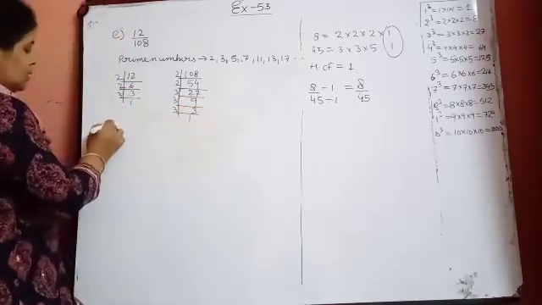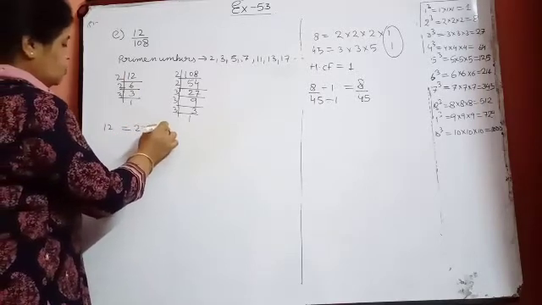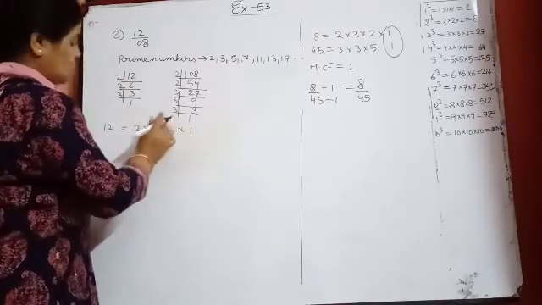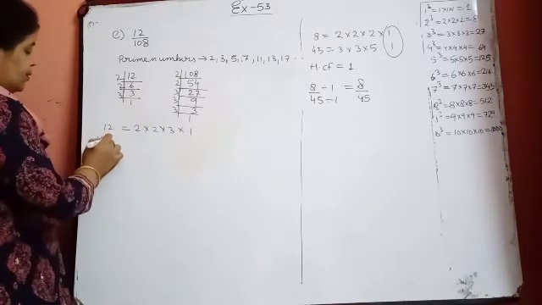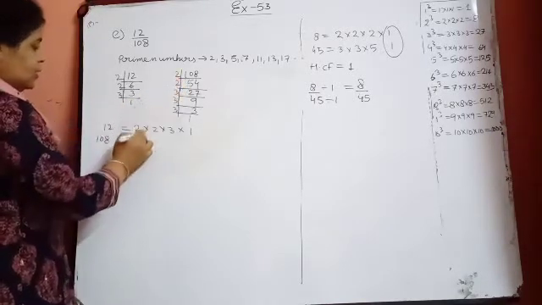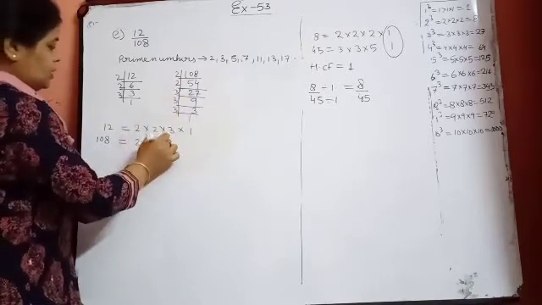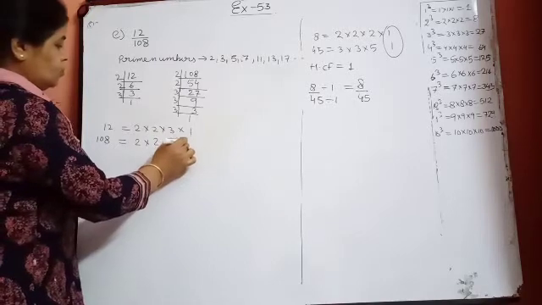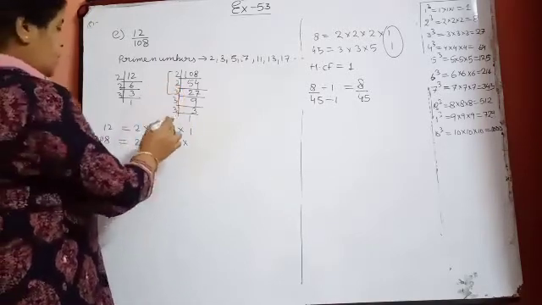Now see that 12 is equal to what you can write? 2 into 2 into 3 into 1. And second, 108 is equal to what? You can write 2 into 2 into 3 into 3 into 3 into 1.